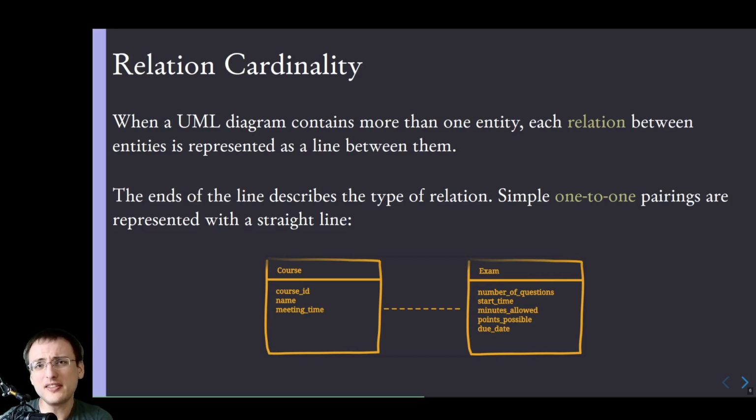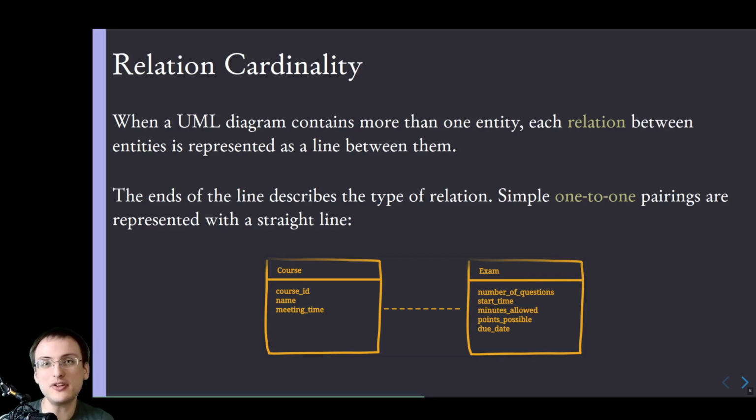So often these one-to-one pairings, if you have a relationship like this, the one thing to look for is checking whether these are actually distinct. Here in this case, course and exam are definitely distinct. They're two different concepts. It makes sense to partition them like this.